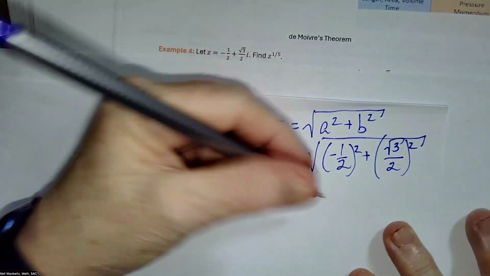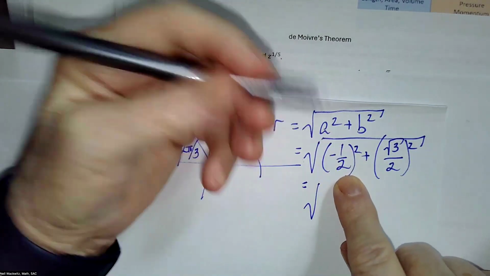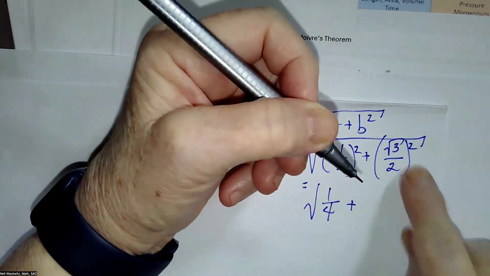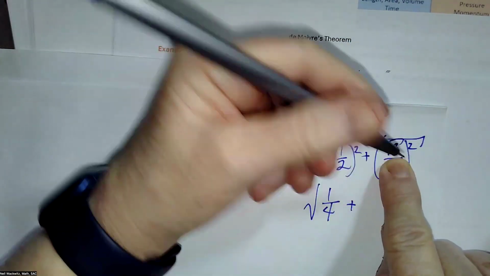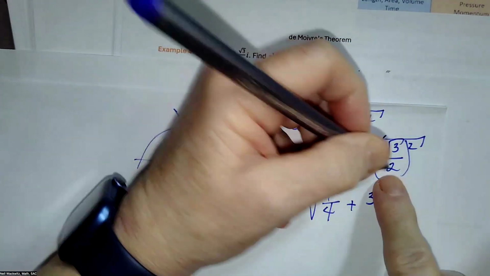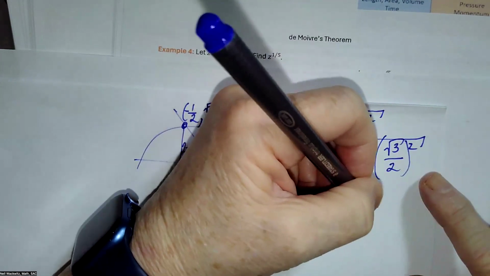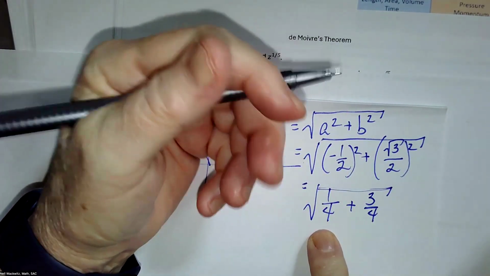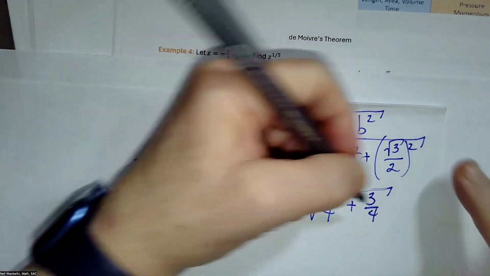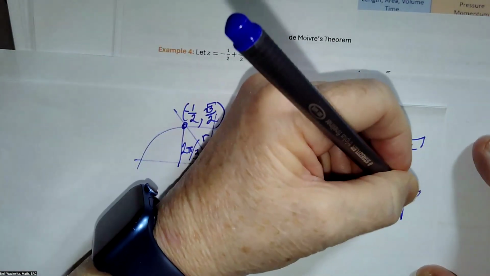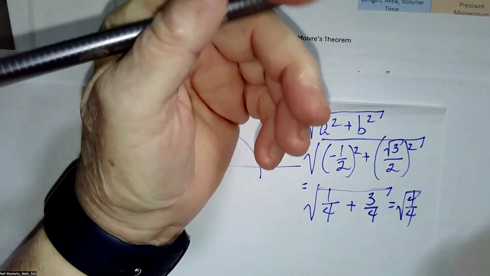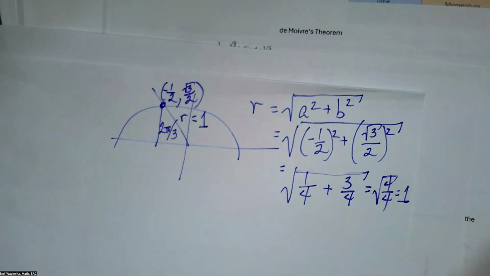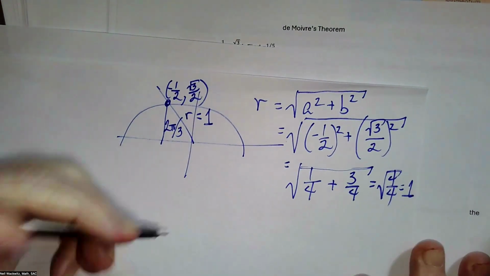Negative times negative is positive. 1/2 times 1/2 is 1/4. Square root of 3 squared is 3. 2 squared is 4. And 1/4 plus 3/4 is 4/4, which is 1. The square root of 1 is 1. Okay, great. That's what we expected.